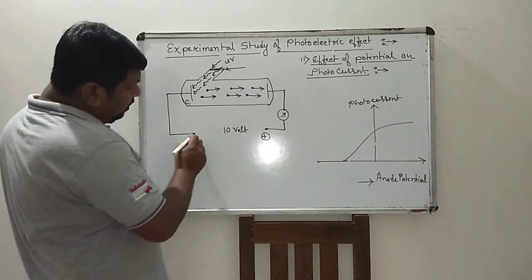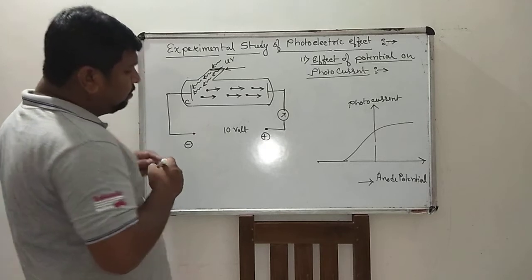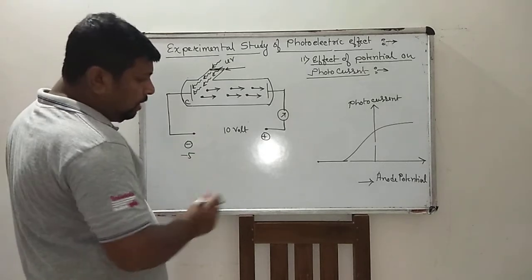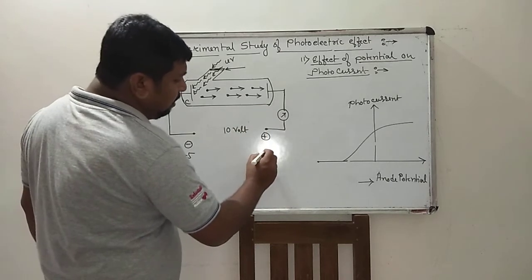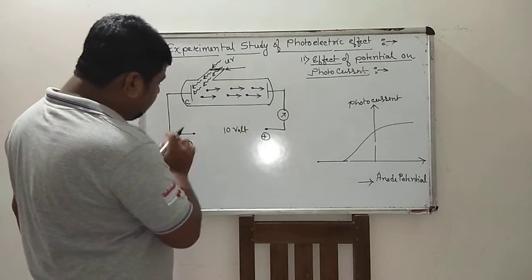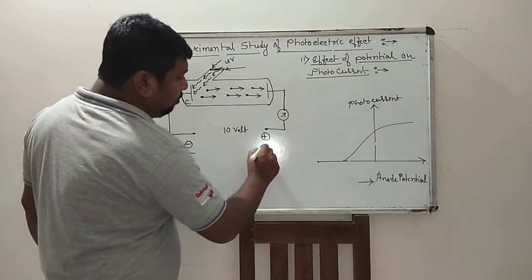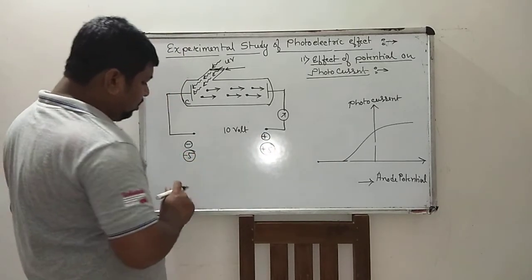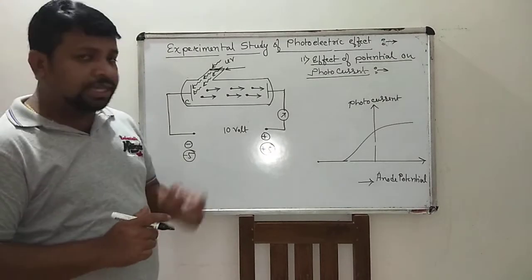Suppose the cathode potential is -5 and the anode potential is +5. So this is cathode potential and this is anode potential.